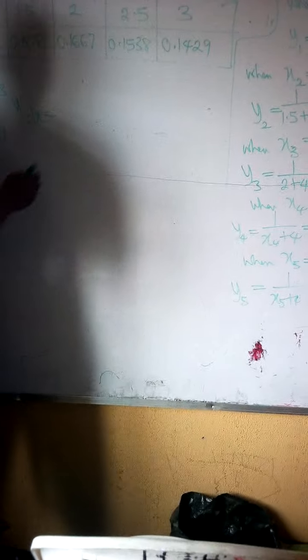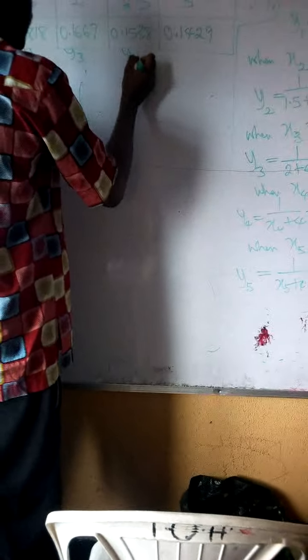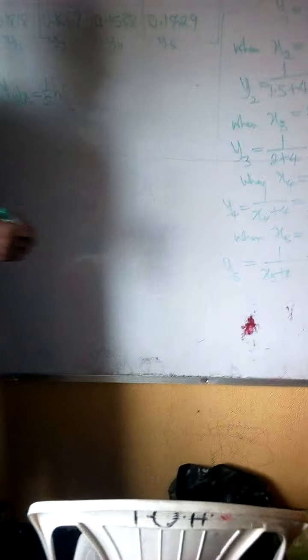Area equals the integral between 1 and 3 of y dx. And this will be half h into... So how many values of y do you have here? y1, y2, y3, y4, y5. So y1 and y5 will have a coefficient of 1.